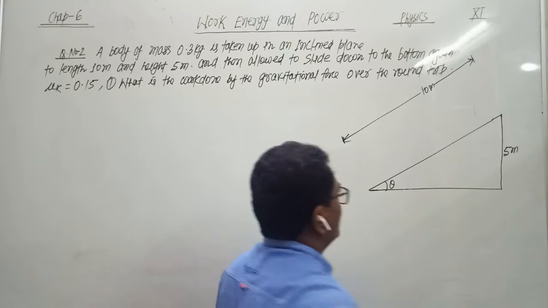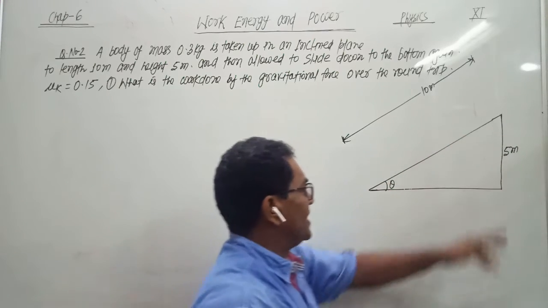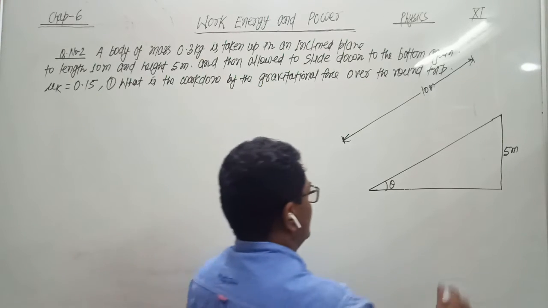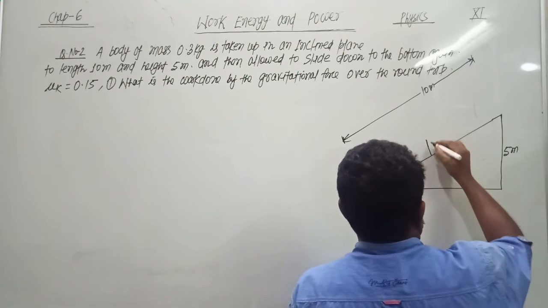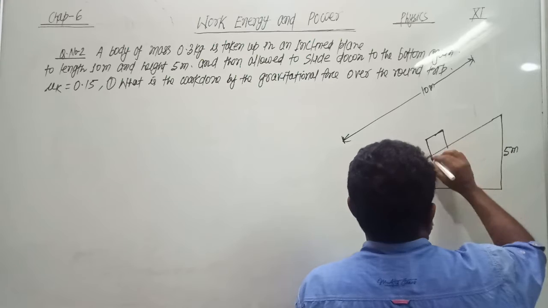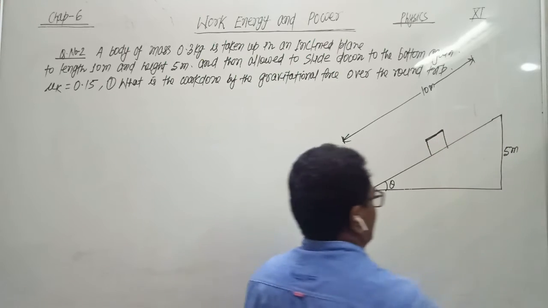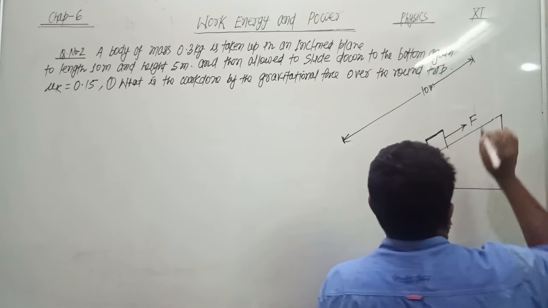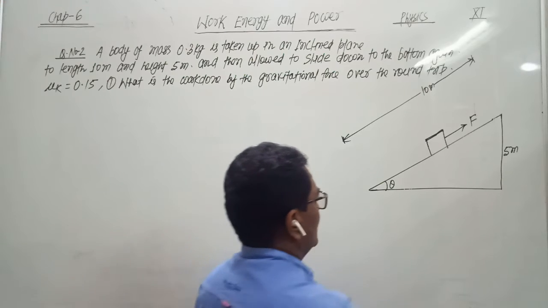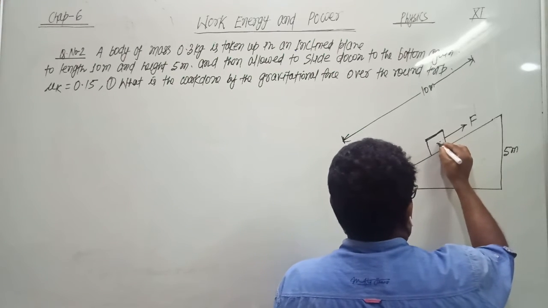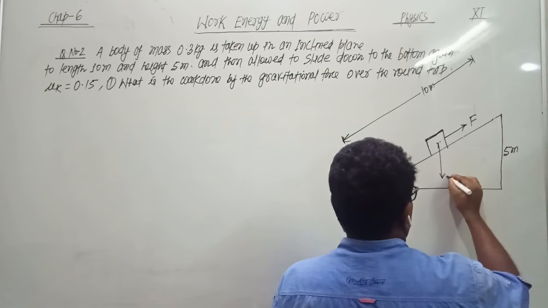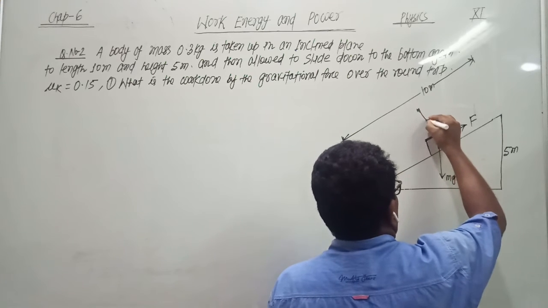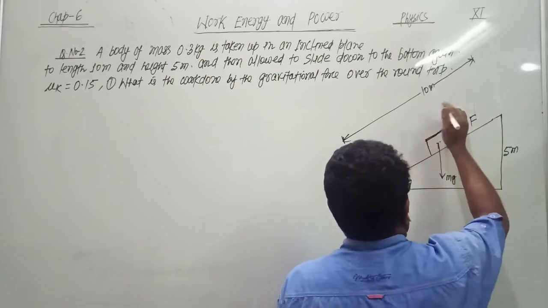The body is going up. The external force acting on the body is F. The weight of the body, mg, acts vertically downward.